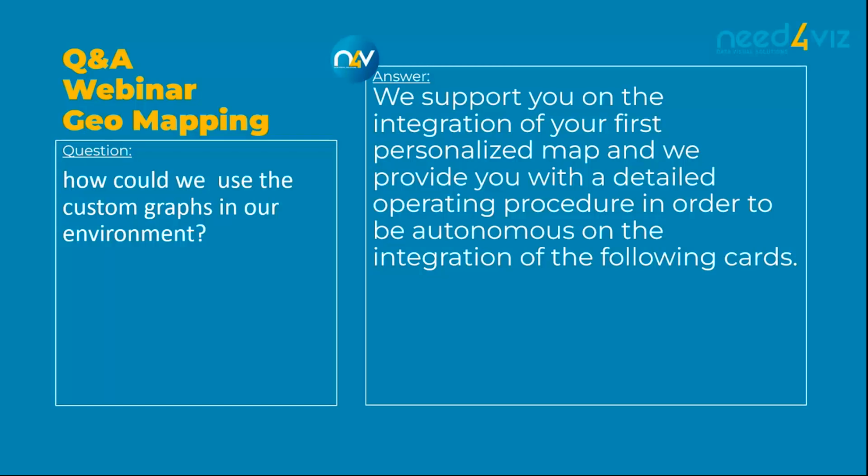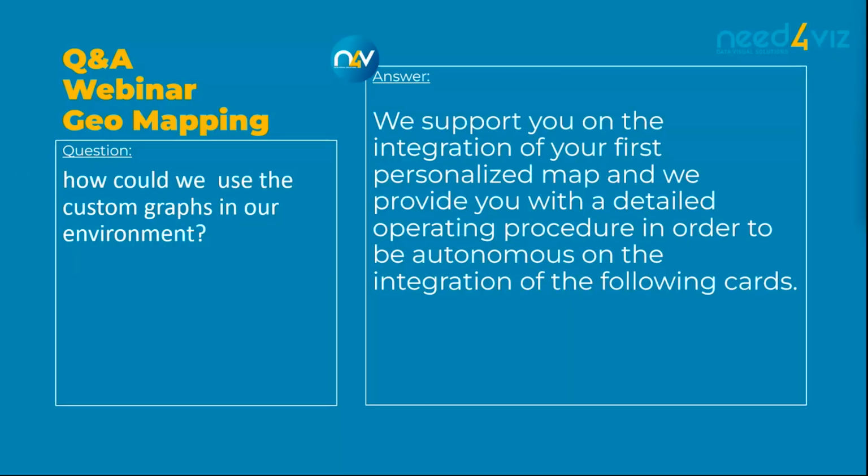Okay, next question. How can we use the custom graphs in our environment? We support you on the integration of your first personalized map, and we can provide you with a detailed operating procedure so that you can use the other charts.